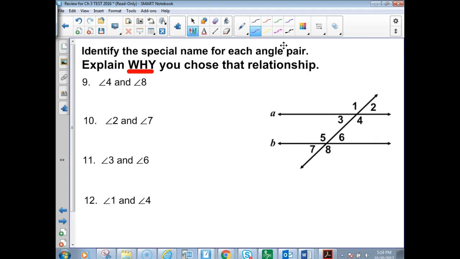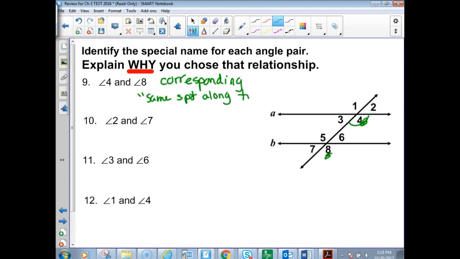Identify a special name for each angle pair. It doesn't indicate that A and B are parallel, and that doesn't matter when you're just naming a relationship between them. If you're talking about angle 4 and angle 8, those would be corresponding angles. And corresponding angles are the kind of angles that are in the same spot along the transversals.